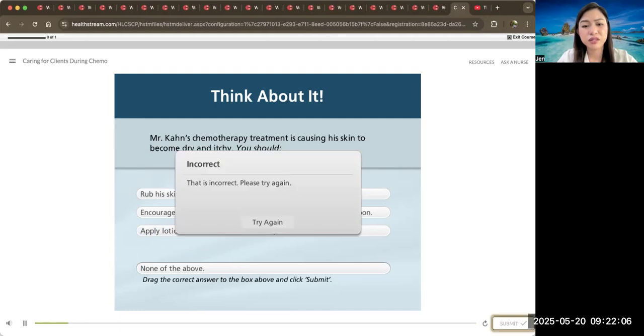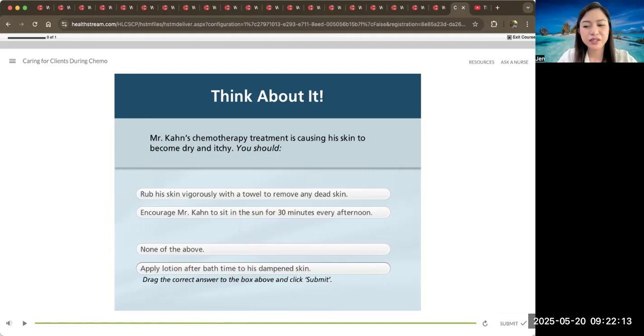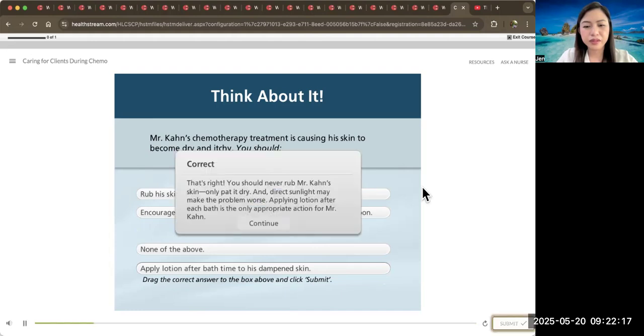I'm not sure. Yeah, it's this one. Apply lotion to damp skin. That's right. You should never rub, only pat it dry, and direct sunlight would make the problem worse. Applying lotion after each bath is the only appropriate action for Mr. Cam.